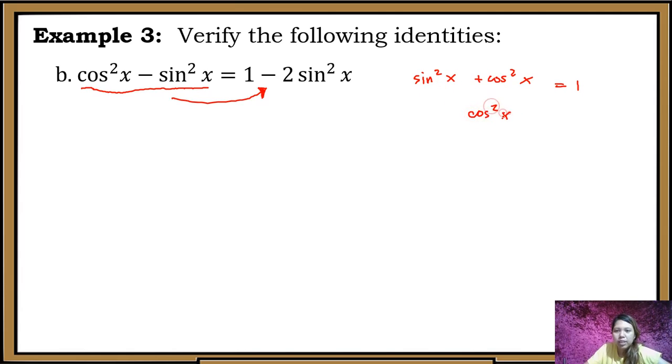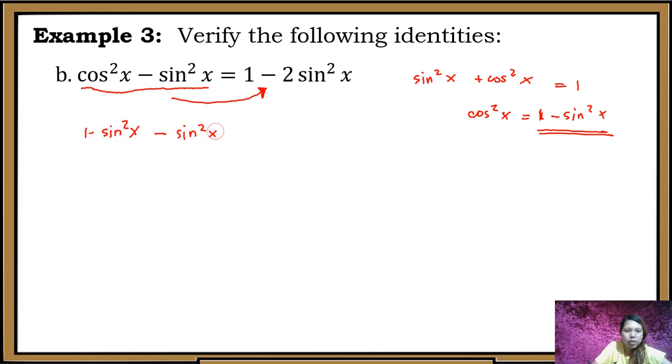So cosine squared x is equal to 1 minus sine squared x. So this will become 1 minus sine squared x minus sine squared x. Take note that this is equal to 1 minus 2 sine squared x. So our identity is already verified.